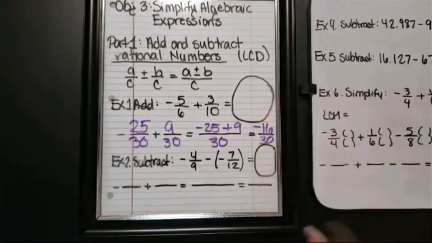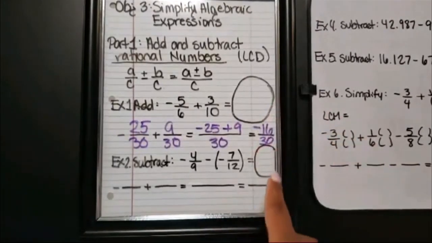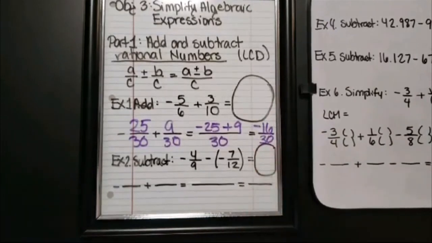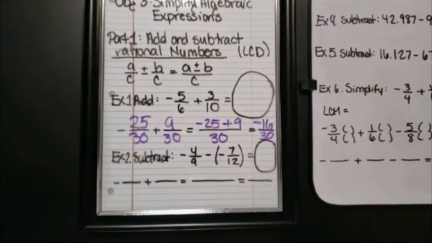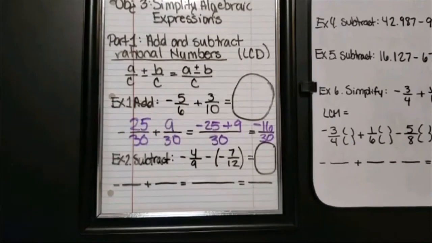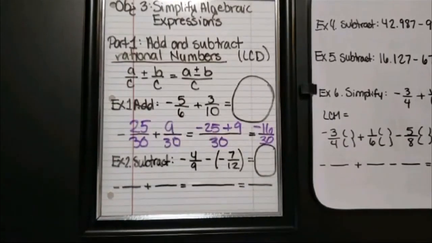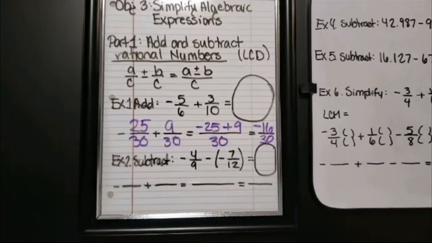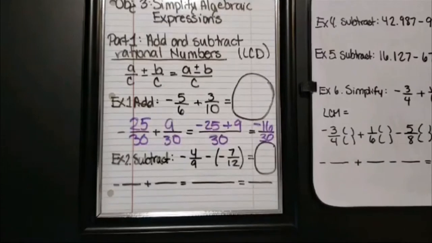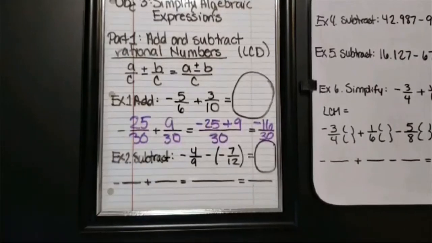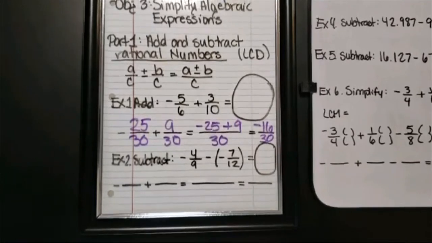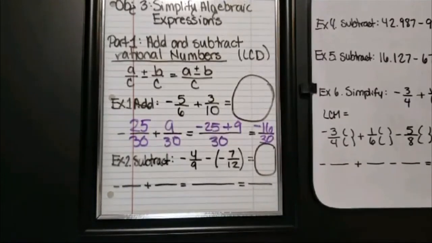All right. Now, can we simplify negative 16 over 30? Can we simplify that a little bit? So when we are working with fractions and decimals, with the fractions, we will have to reduce them, meaning get them into their lowest form, not having a common factor in the top and the bottom.